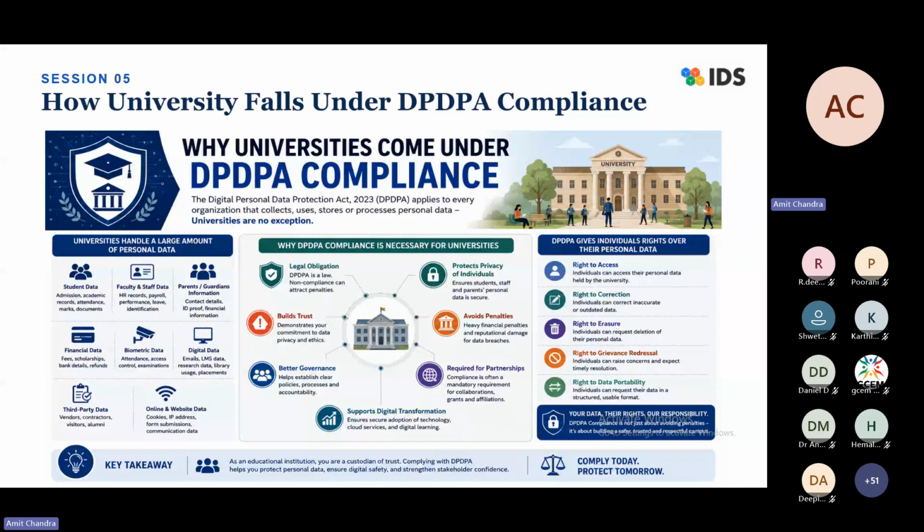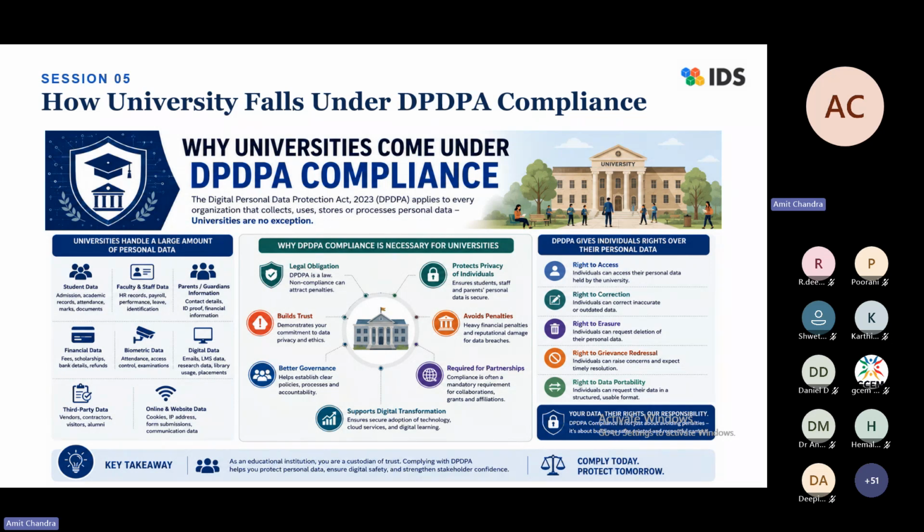Now, how does a university fall under DPDPA compliance? As I said, if the university is holding the digital data of students or staff, then it comes under DPDPA compliance. We know that everything is digital now, so we can't run away from it, and we have to come under DPDPA compliance.